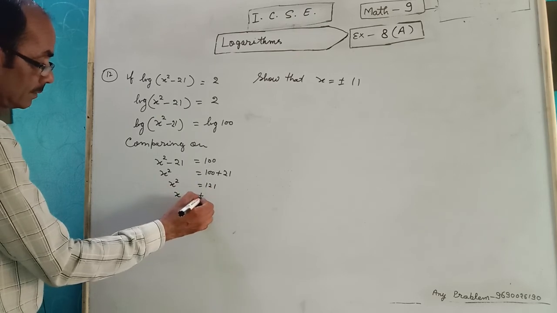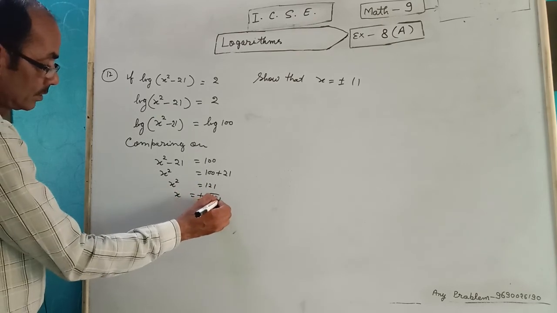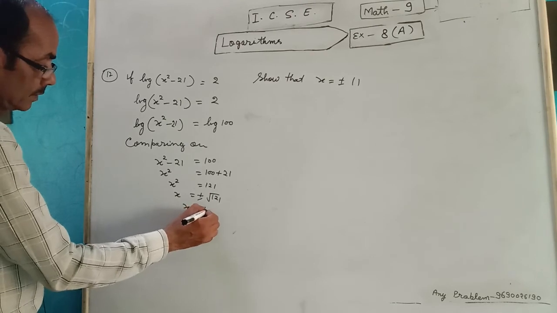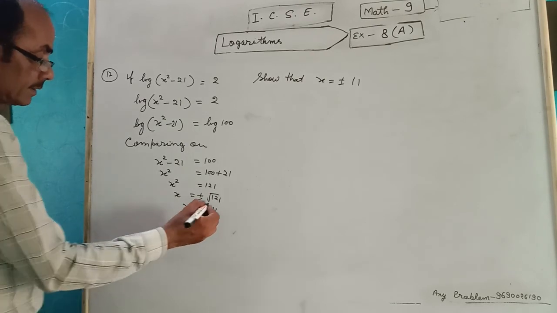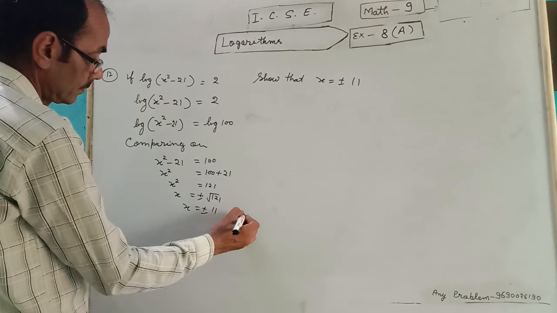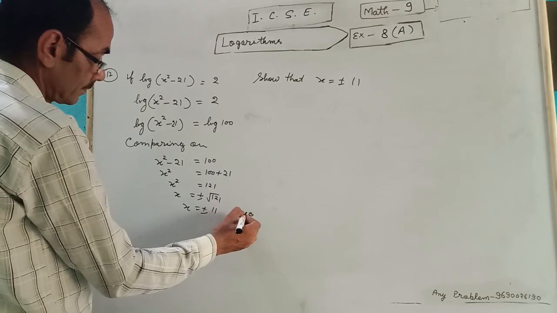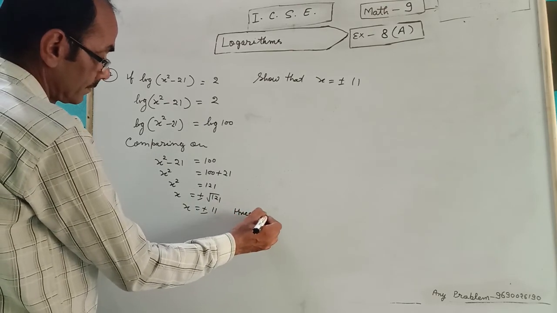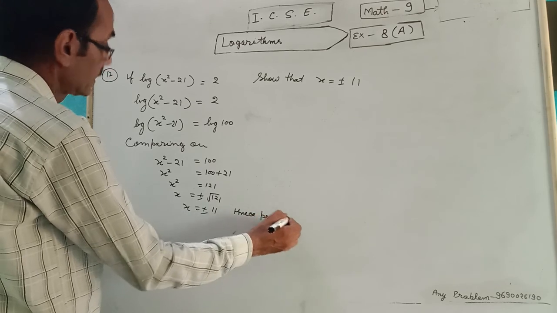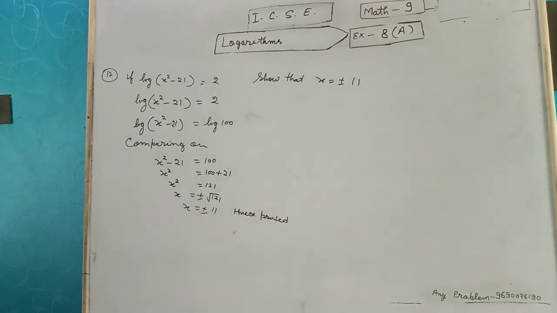Then x value is plus minus under root 121. x is equal to plus minus 11. Hence proved. Exercise 8A is complete. Thank you.